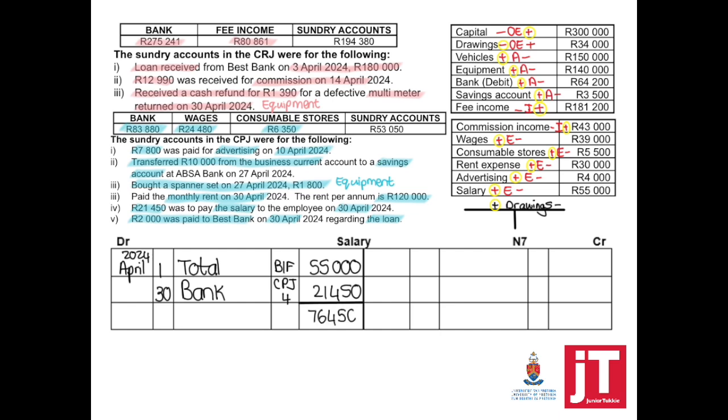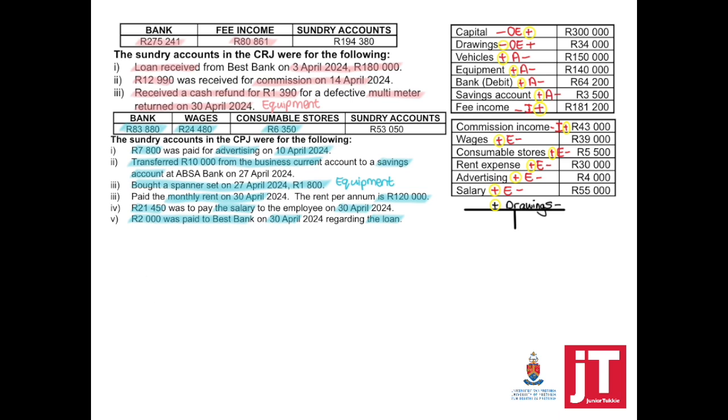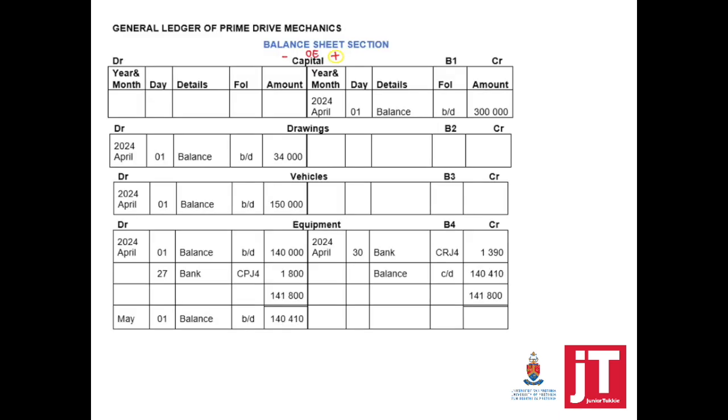Therefore, we can draw a line and we can total and find our new total for salaries. Now we have done all the transactions. There's nothing left over for us to post. It means that we can conclude this activity.